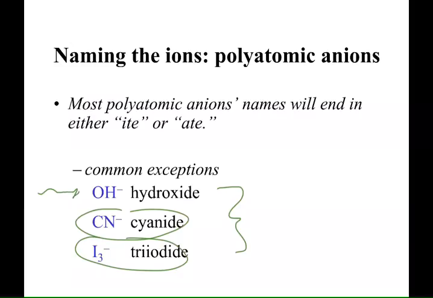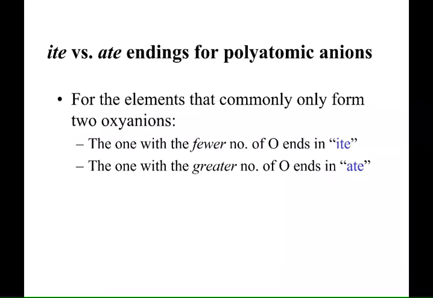This is an important polyatomic ion, the hydroxide ion, OH -1. So remember we had sulfite and sulfate, and the sulfate had more oxygens than the sulfite. Here are some examples. There's our sulfite and our sulfate.